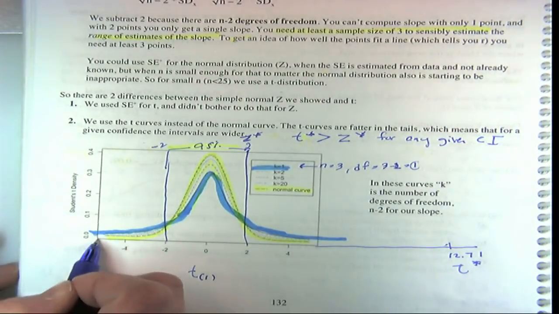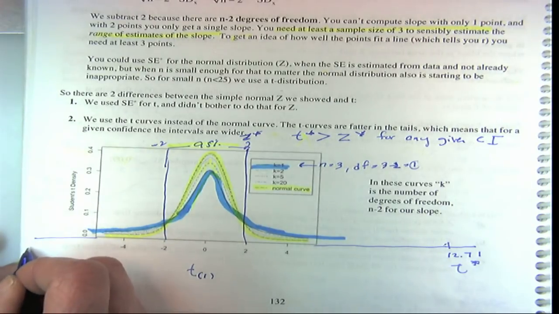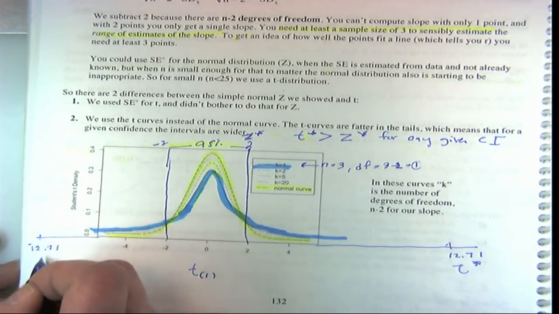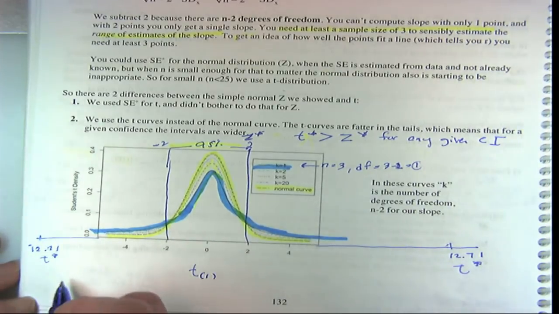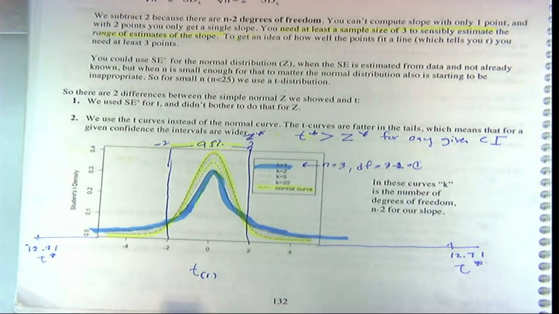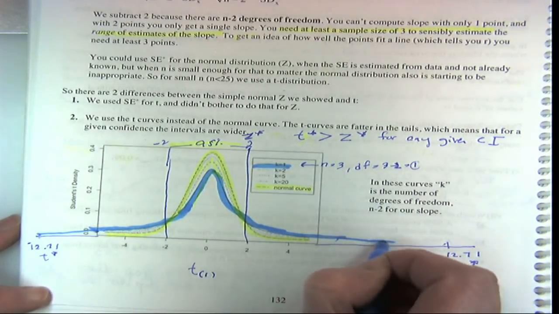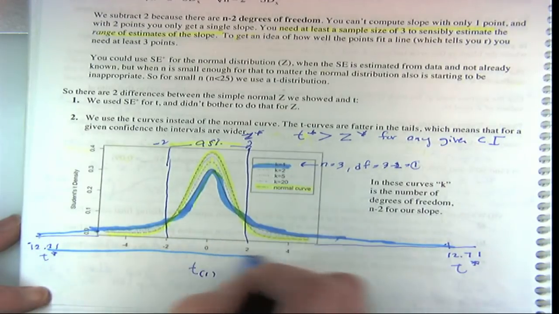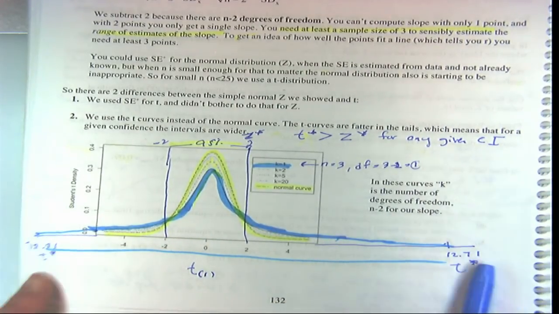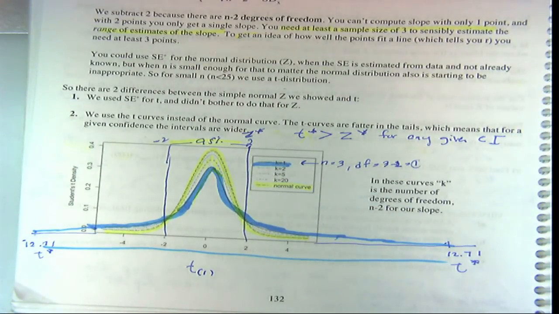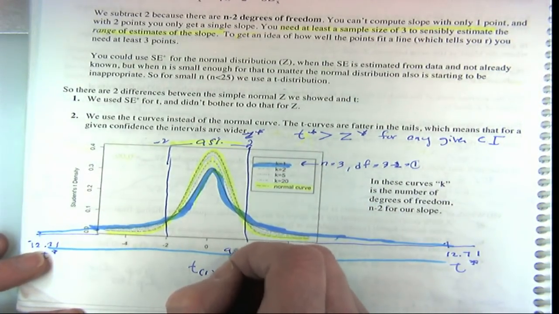Then we have to go out the same, pretend it was way out here, negative 12.71, that would be T star. So this would be our confidence interval, huge. It would be symmetrical. I have to go out as far in the other direction. And that would be 95%.